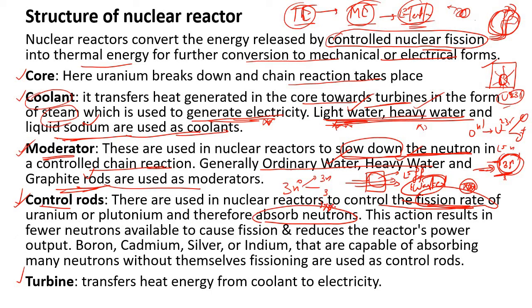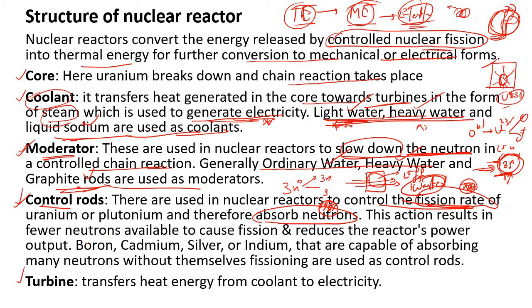So this is very important. I already discussed it briefly, because we need to control the speed and we also need to absorb these neutrons, so that the number of neutrons hitting the uranium-235 fuel in the next chain reaction will be less, so that less energy is released. Therefore it absorbs neutrons.